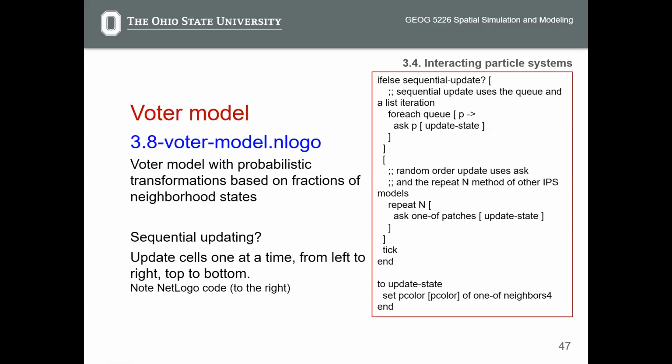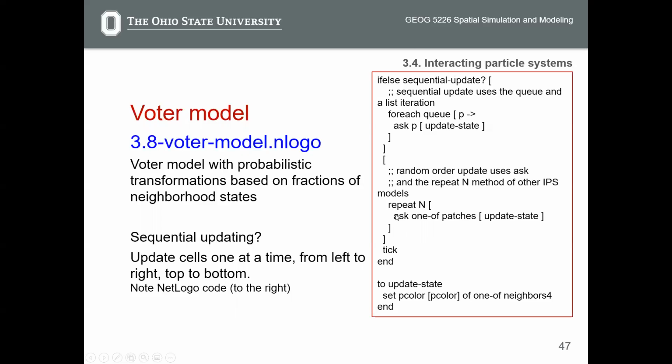By default, if you are using asynchronous updating, you just simply randomly choose a cell and update, and repeat this process until the number of repetitions is equal to the number of cells on the board. That's called one generation, right? But you can still use something called sequential updating to give a specific sequence for updating cells.